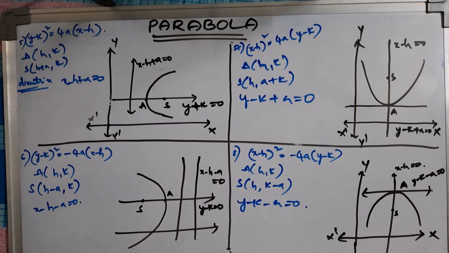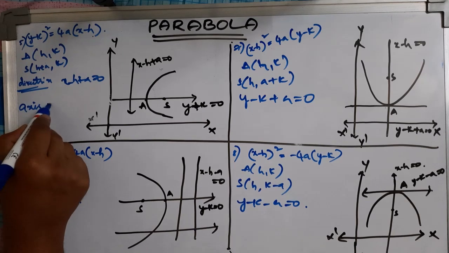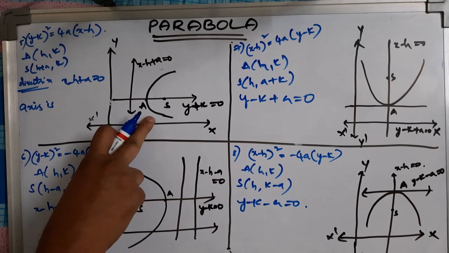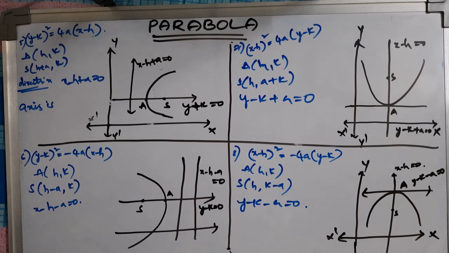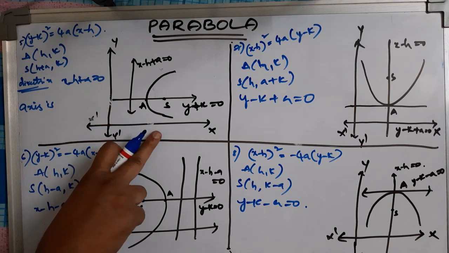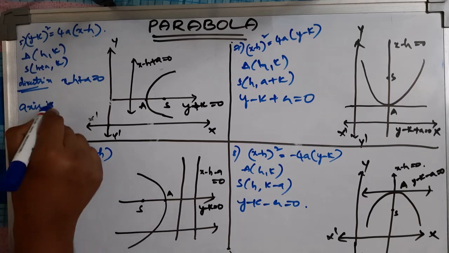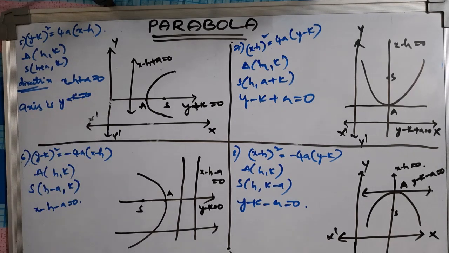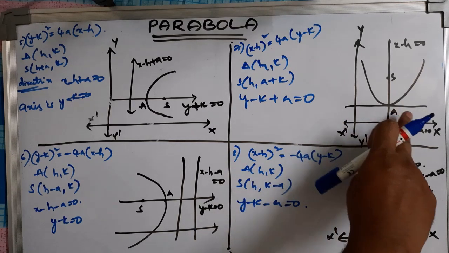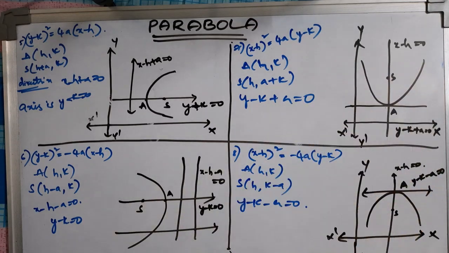And the equation of the axis: it lies on the x-axis, so y equals 0, but the origin is shifted from 0 comma 0 to h comma k, so y minus k equals 0. Here also the same, y minus k equals 0. In the next one, the parabola lies towards the y-axis, so the equation would be x equals 0, but because of the shifting of the origin, we write x minus h equals 0.